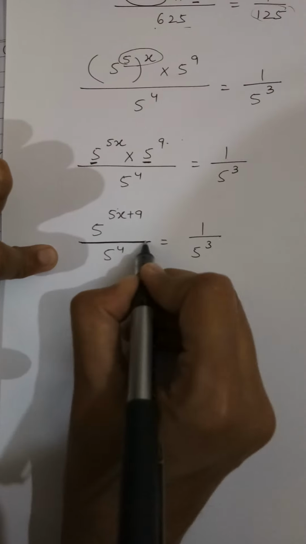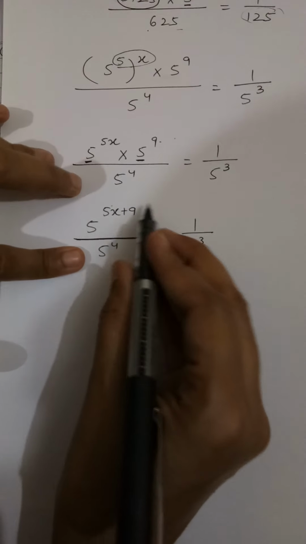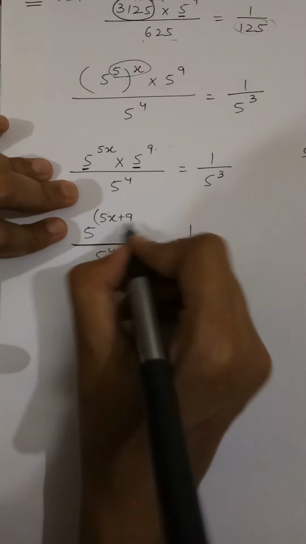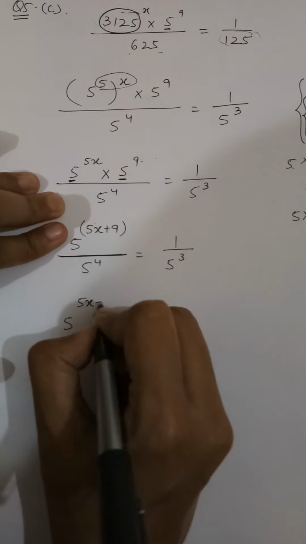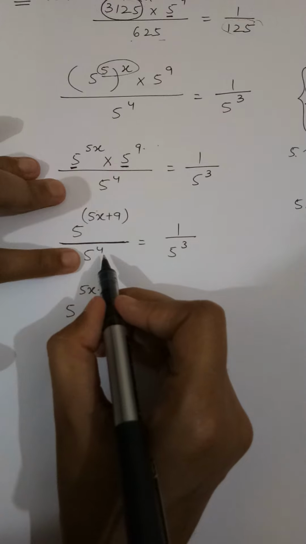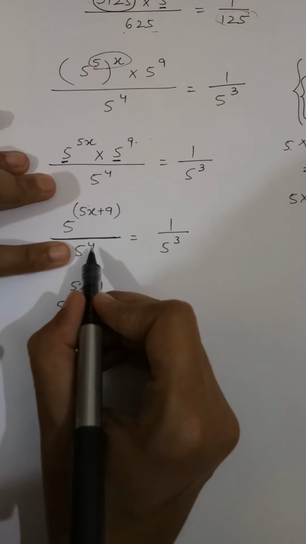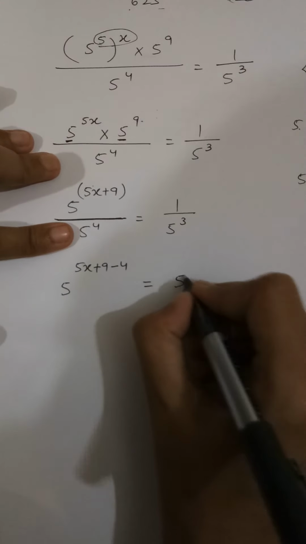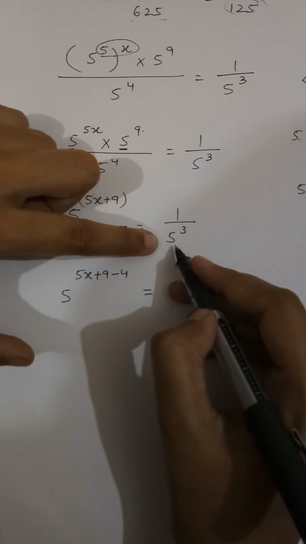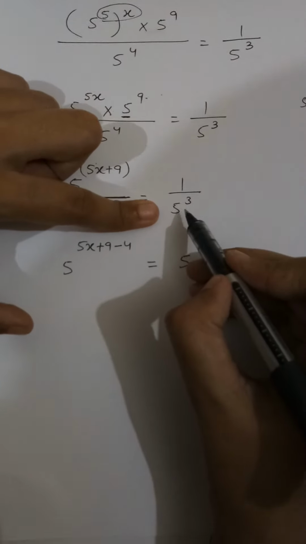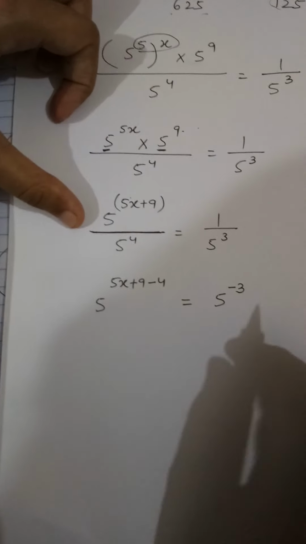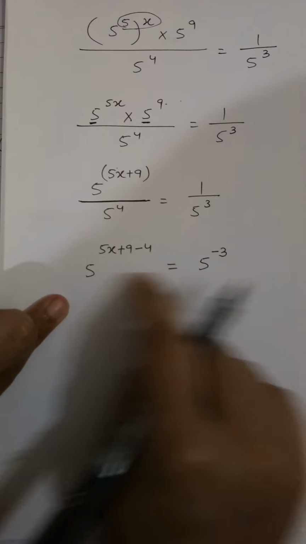They are in divide, so the powers are going to subtract. This is 5x plus 9, but this is 4, and if I take this 4 up, it will become minus 4, equals to 1 upon 5 to the power 3, and if I take this 3 up, it will become minus 3, right? Now my base has become same.